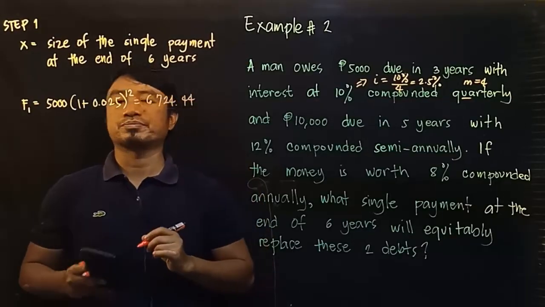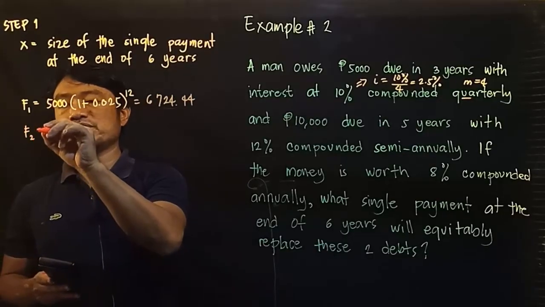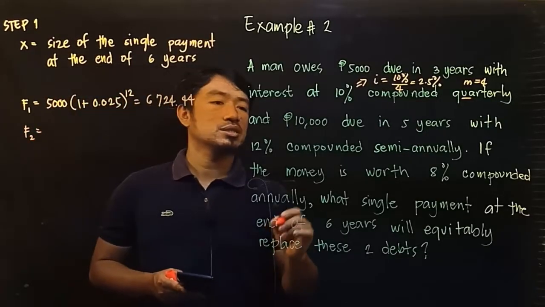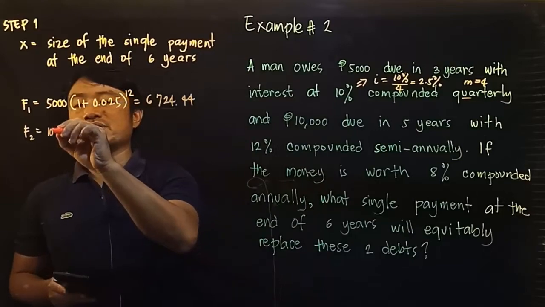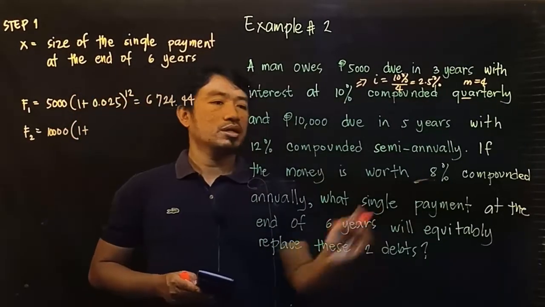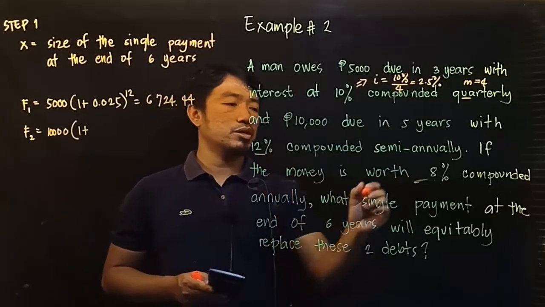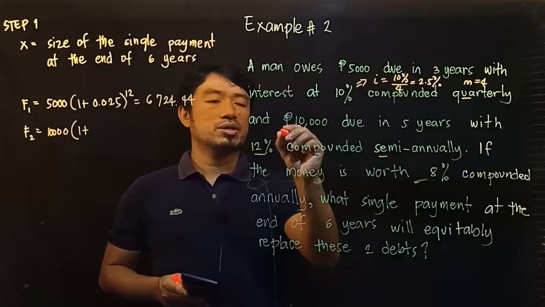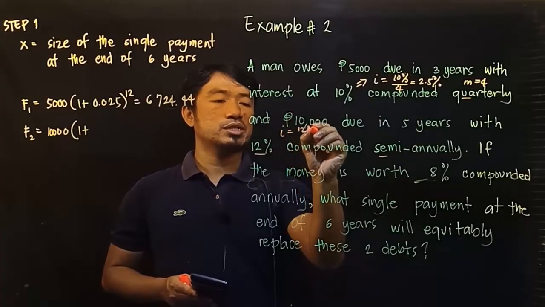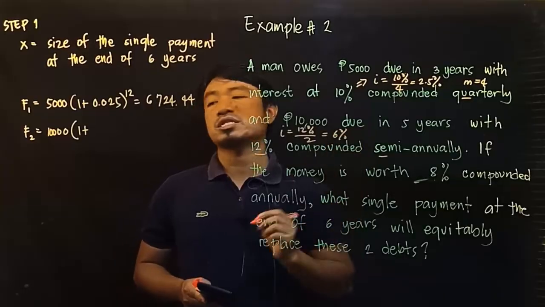6,724.44 pesos. And the second debt, its future value is 10,000 times 1 plus its interest rate. It's 12% compounded semi-annually, so i is equal to 12% divided by 2, equal to 6%.